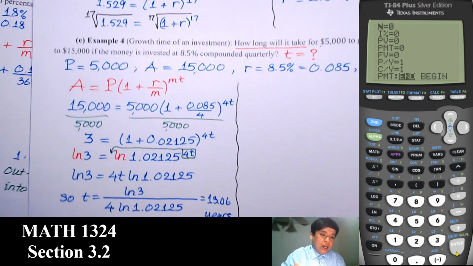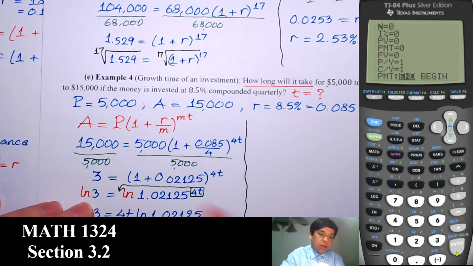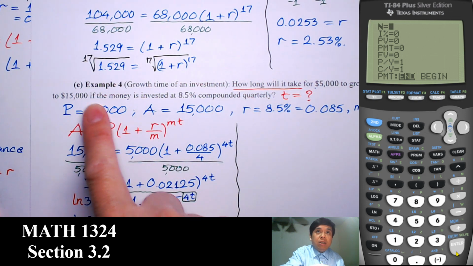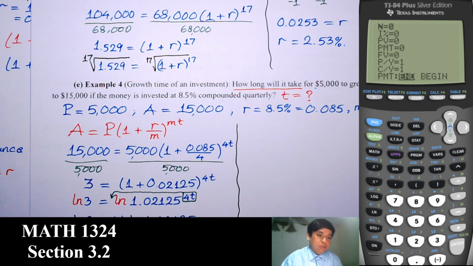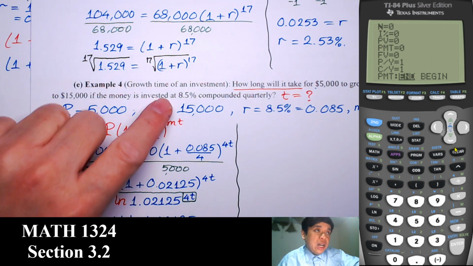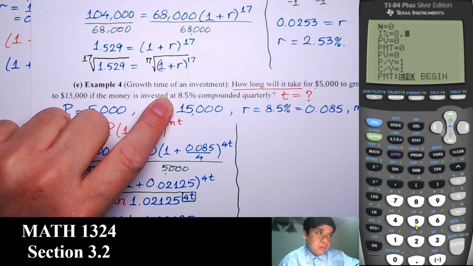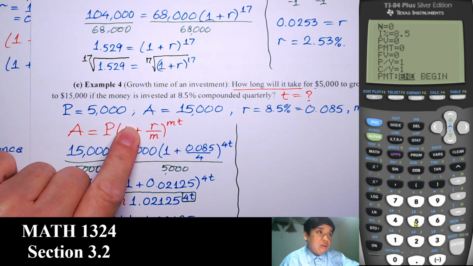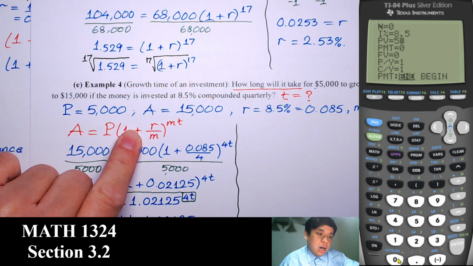So here is the problem. How long will it take for that to grow to 15,000 if it is compounded quarterly? Right, so let's start with N. We don't know, so we leave that blank. The interest rate is 8.5. I'm just going to enter 8.5, not percent. Present value we have 5,000 to grow.